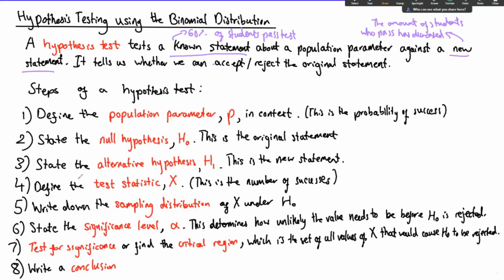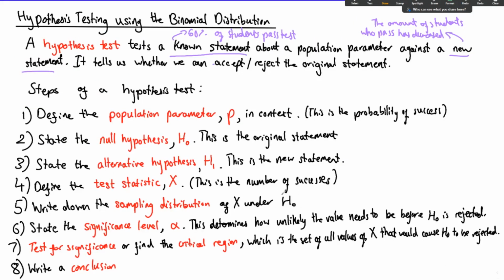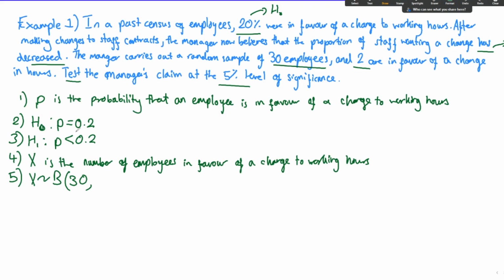Okay, and then we write down the sampling distribution of X under H0. So this sampling distribution is the binomial distribution. So we write X is binomially distributed, our n is 30 employees, because it's a random sample of 30. And our probability, it's under H0, so we use whatever probability is in H0.